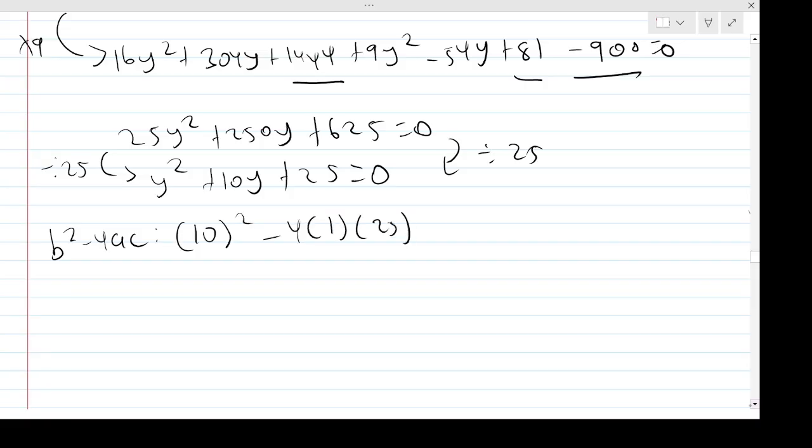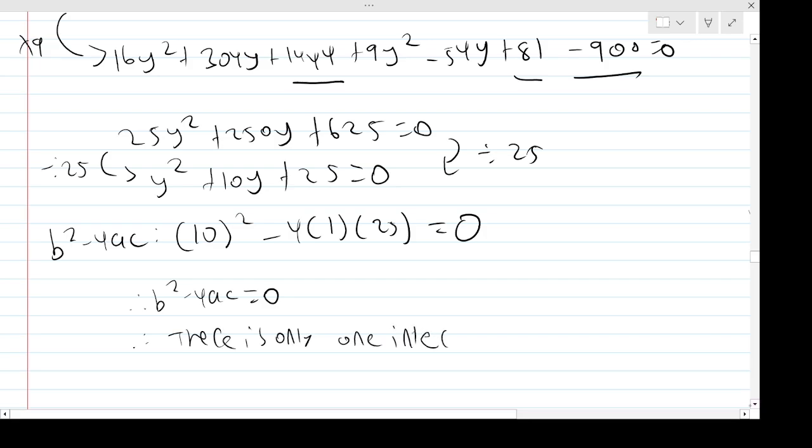If we put that in the calculator, 10 squared take away 4 lots of 25, that indeed gets you 0. Okay, there we are. So therefore, discriminant equals 0, which therefore means there is only one intersection between line and circle.